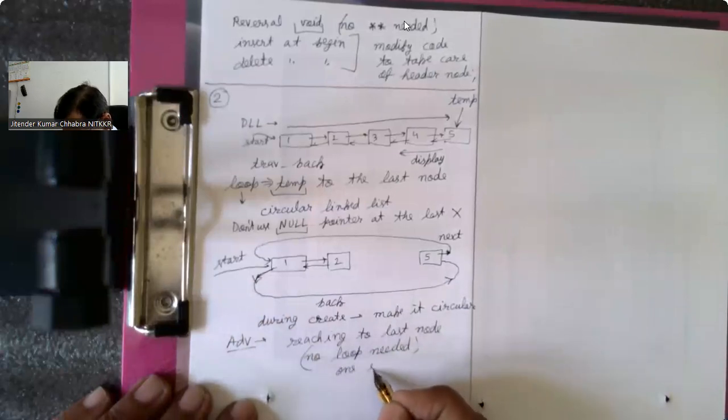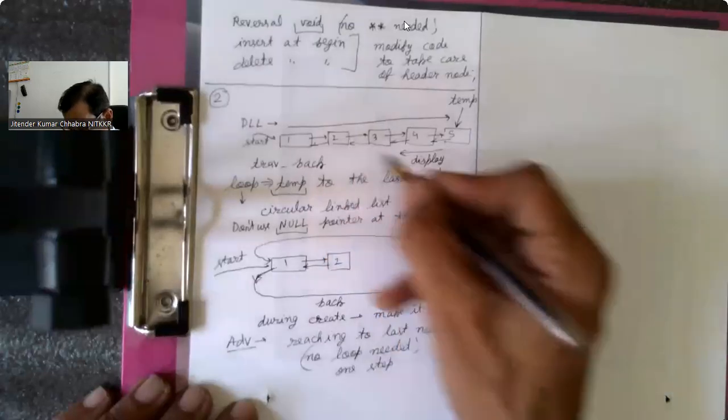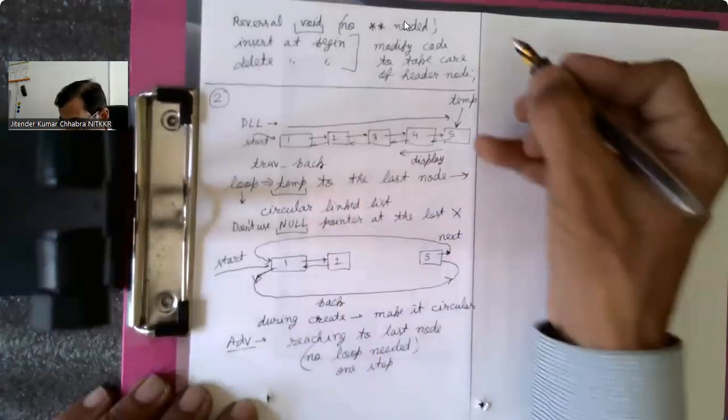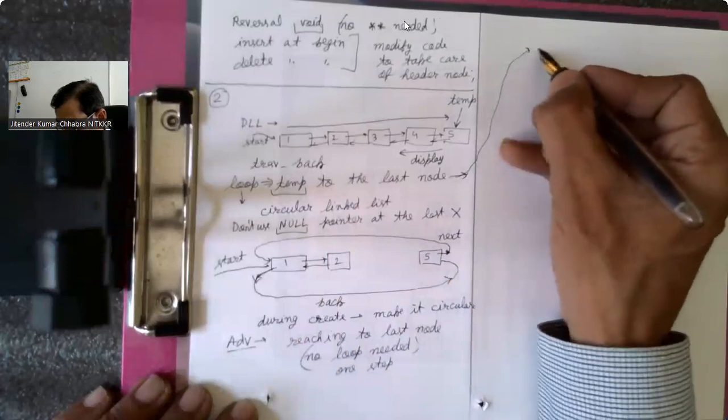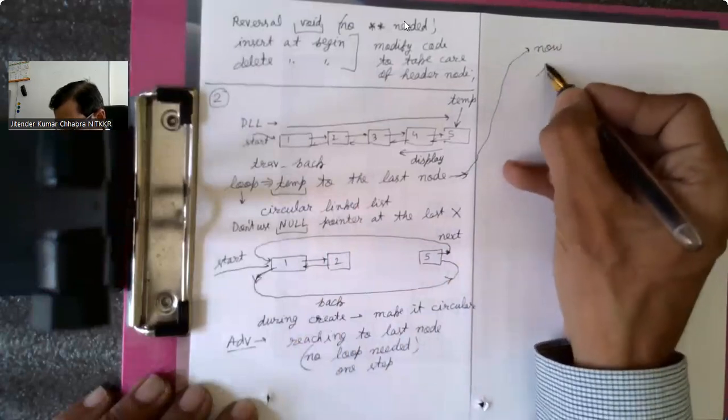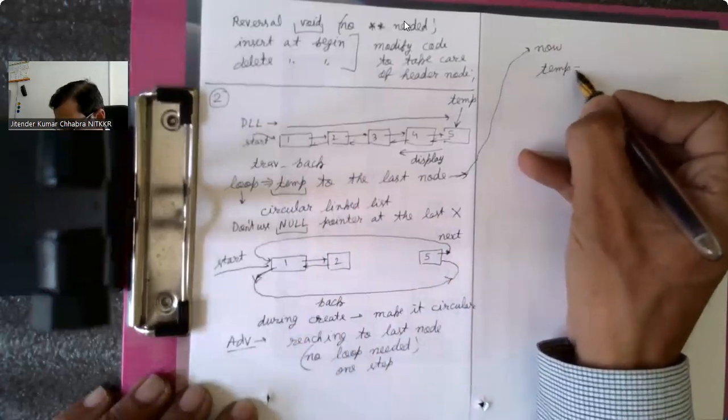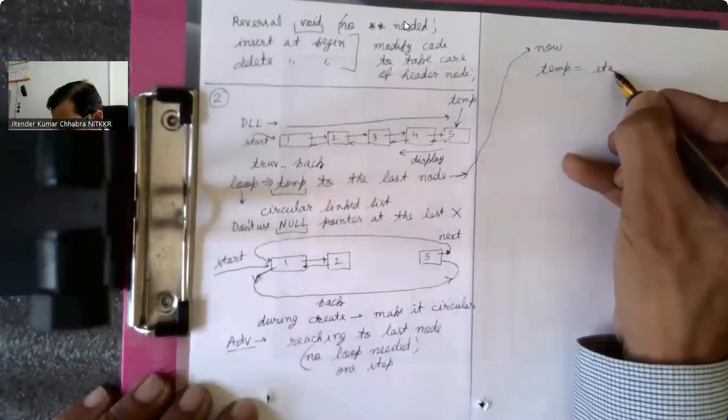One step. So earlier I had made a loop. Now, instead of this loop, I will simply say temp equal to start arrow back.